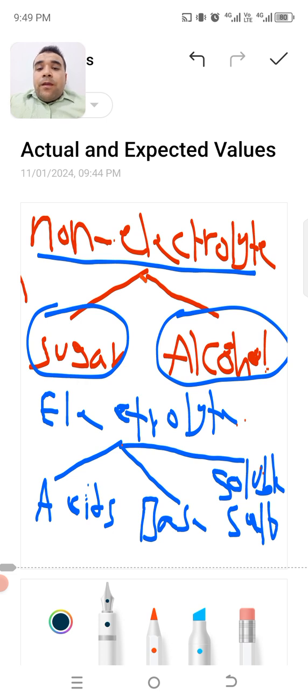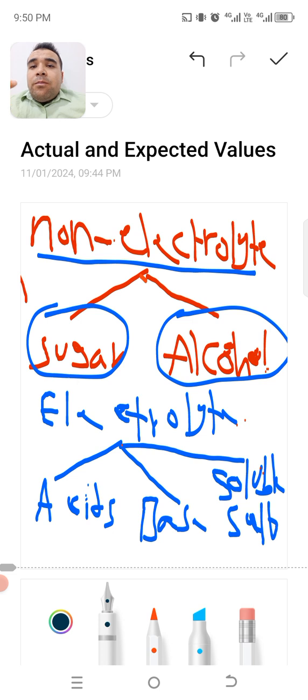You have to know, guys, the expected values and actual values. What do we mean by these two terms at the beginning? Let me start by defining the expected one. The expected value is a value which we can obtain theoretically.